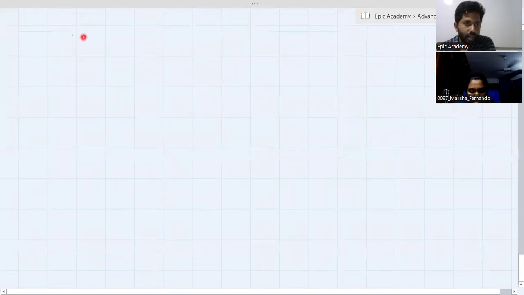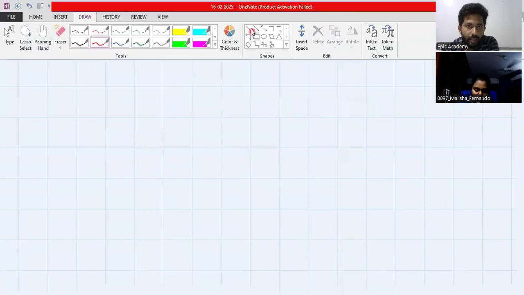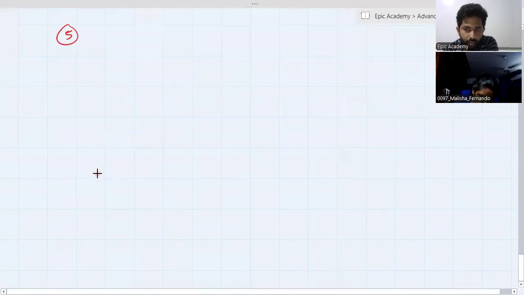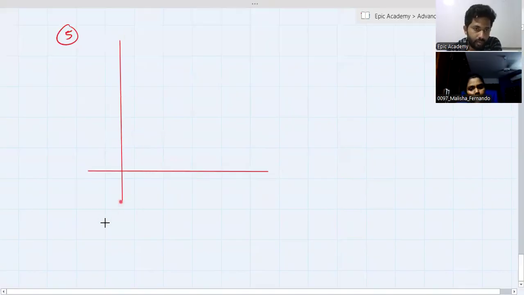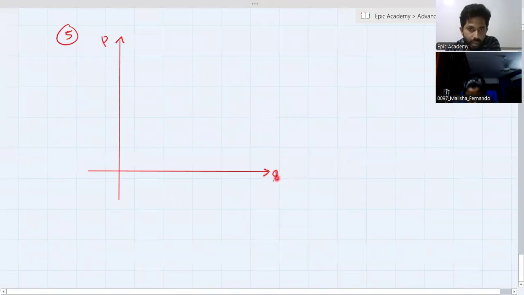This is the fifth one, must be okay, right? This is the price axis. This is the quantity axis.